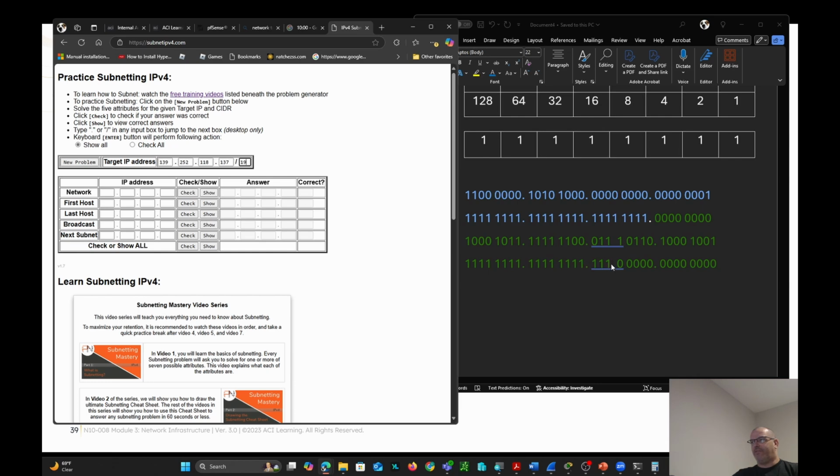Everywhere there's a 1, it means that number in the IP address is what it's going to be. So what is this number right here? This is that first one right here. So 139.